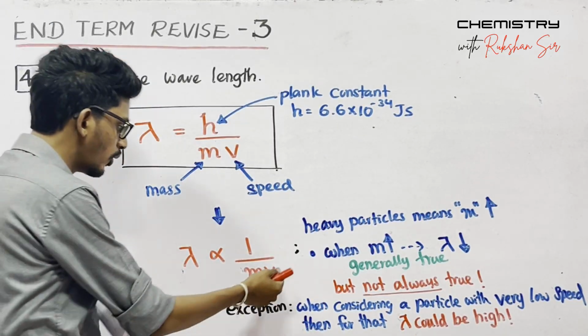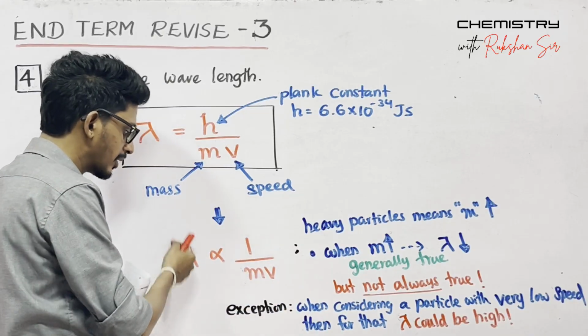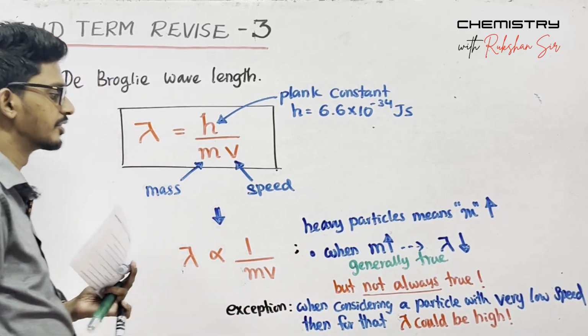For a particle with a very low velocity, lambda could be high because it also has an inverse relationship with velocity.